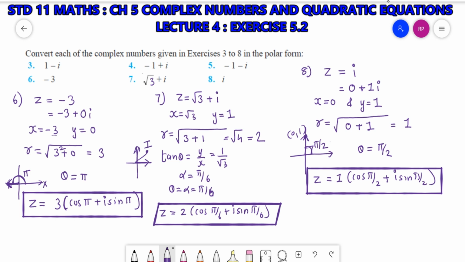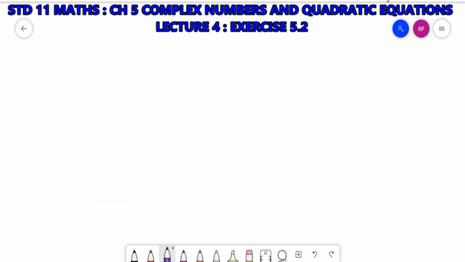Okay, now let's take one extra sum. z is equal to 1 minus i upon 1 plus i. Express it in polar form.